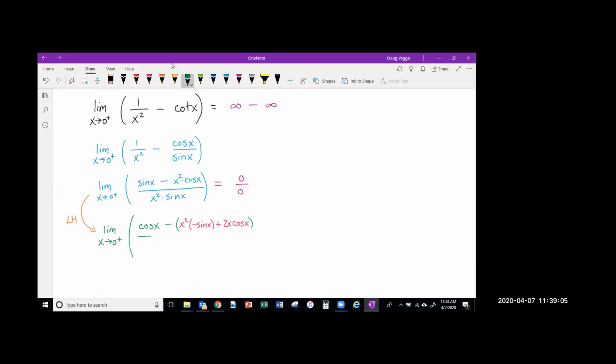And on the bottom, same idea. It's the first, which is x squared, times the derivative of the second, plus the second times the derivative of the first.